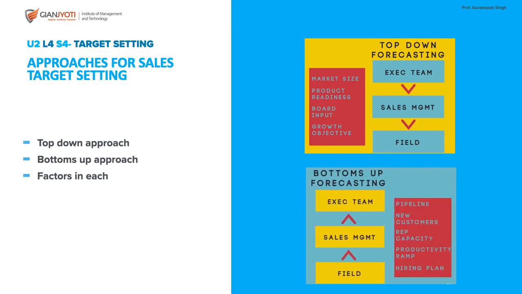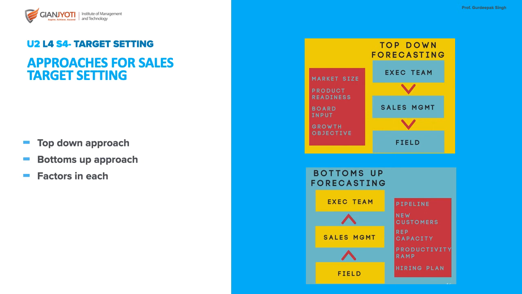In bottom-up forecasting, the sales force in the field conveys what they think should be the sales number. That comes to the sales management and then it is conveyed to the executive team. In this, at different levels, the factors they consider are, first, the pipeline, that means the capacity to sell.